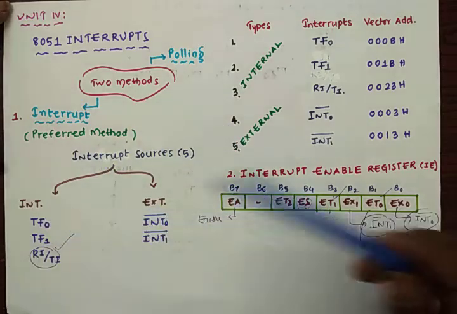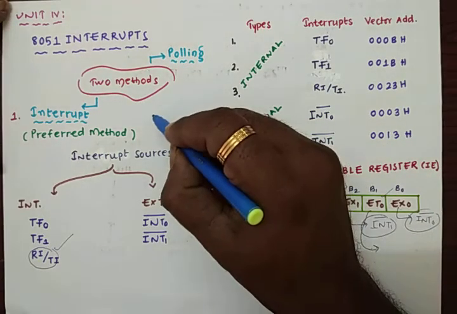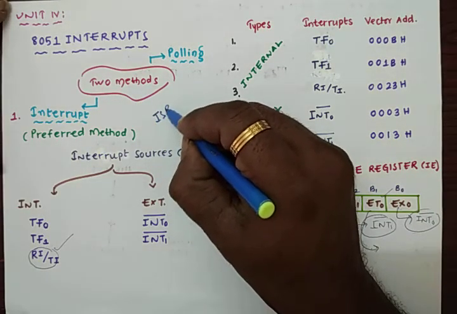interrupt signal. In this interrupt method, whenever any device needs the service of the microcontroller, that device sends a signal to the microcontroller, and on receiving that interrupt signal, the microcontroller saves the current process status and calls the ISR, the interrupt service routine.